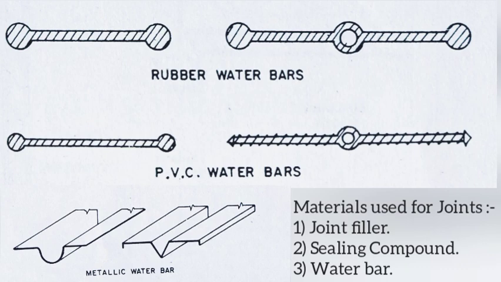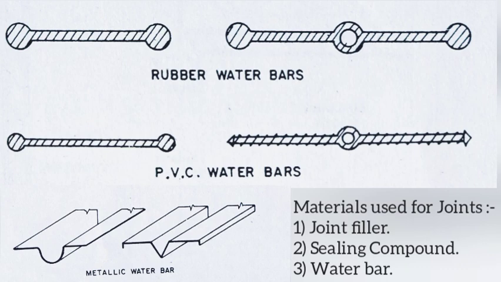Joint filler is a readily compressible material which can accommodate the expansion of adjacent parts of the joints and has the ability to regain 75% of its original thickness when pressure is released. In addition, it should be durable, resistant to decay due to weathering and termites, etc., and rigid enough to permit formation of straight joint.